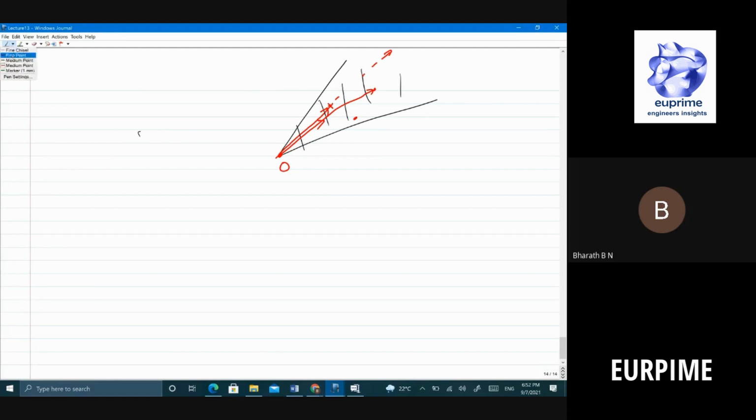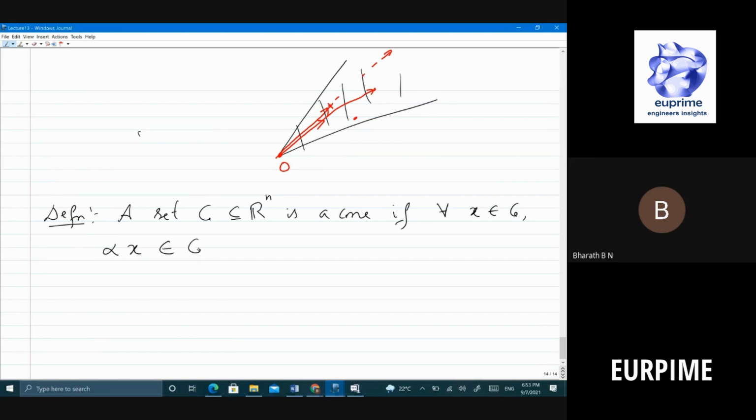So let's define that. Definition: a set C, of course, a subset of Rn, is a cone if for every x in C, alpha x also belongs to C for every alpha greater than or equal to 0, right?